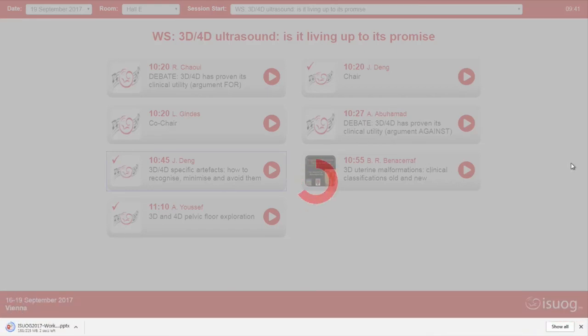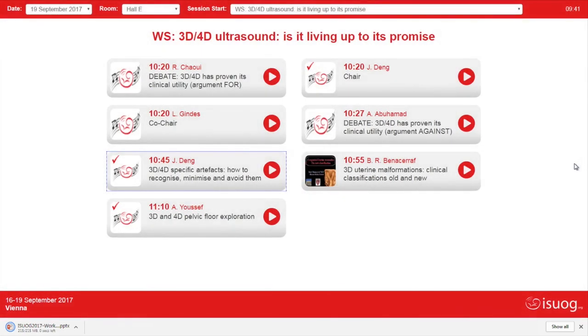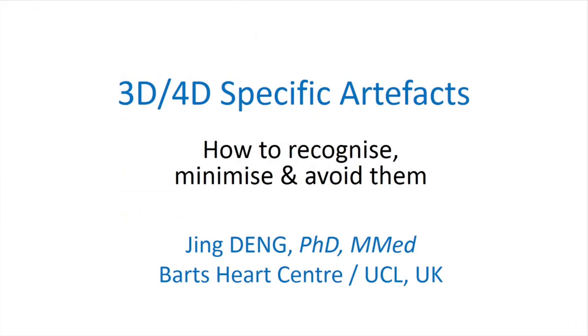I'm going to talk about 3D or 4D specific artifacts. The reason I'm talking about this is that one of the main problems we are facing in making 3D a daily clinical practice is the time we spend dealing with various artifacts.